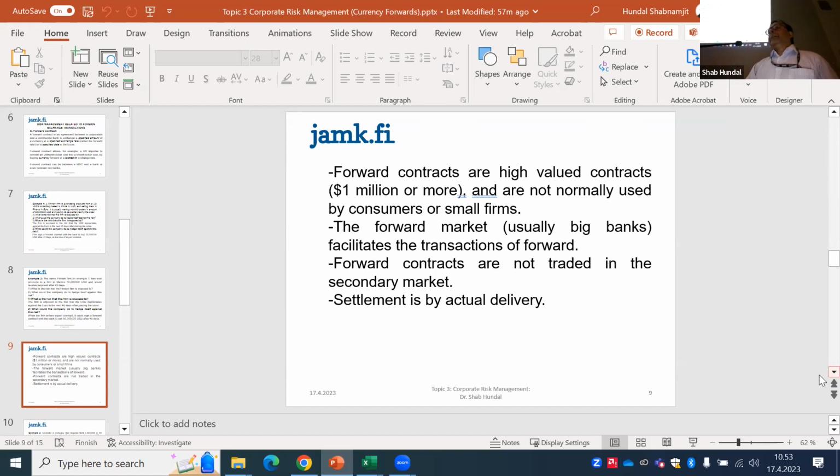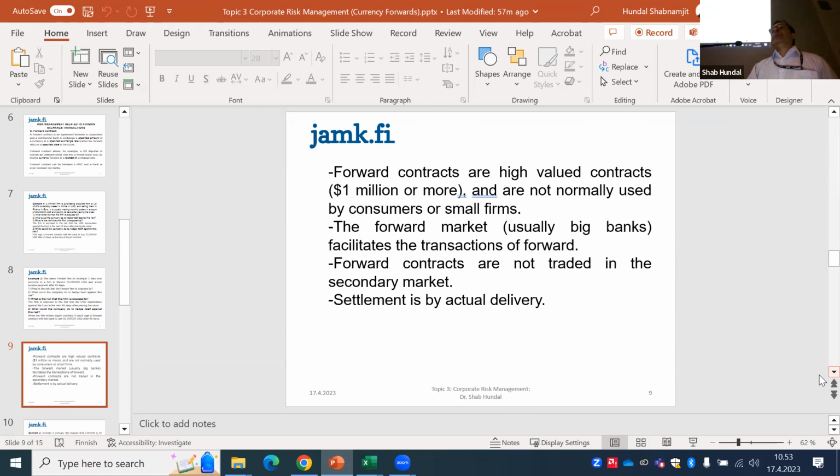and you think that your family is going to Britain and the whole trip will cost you £3,000, travel, staying in the hotel, why don't we go to the bank and buy the forwards? No, you can't do it. They are high value contracts.